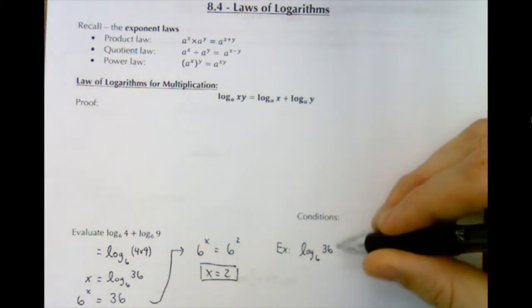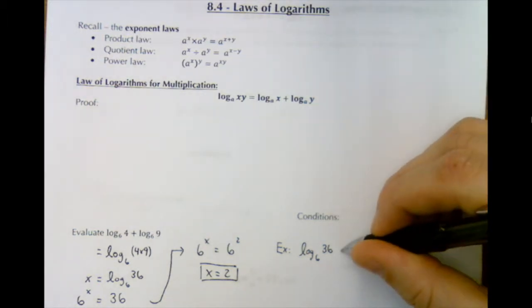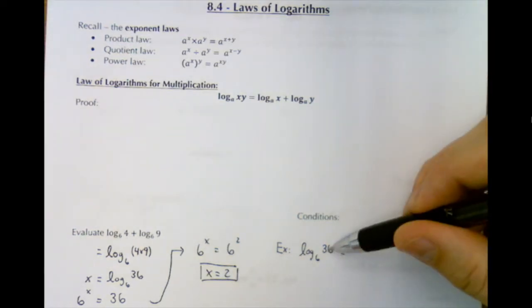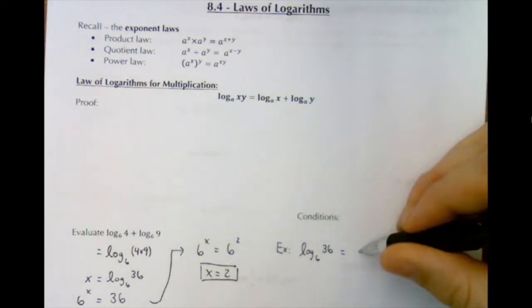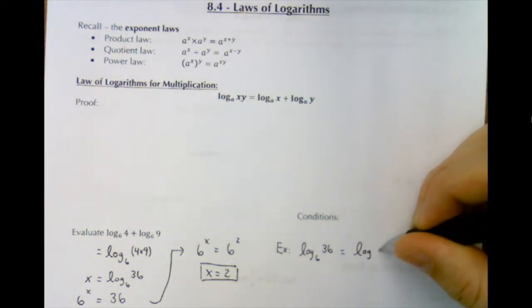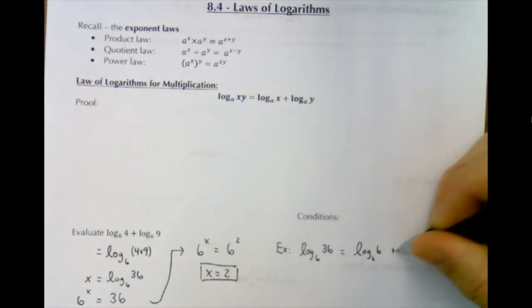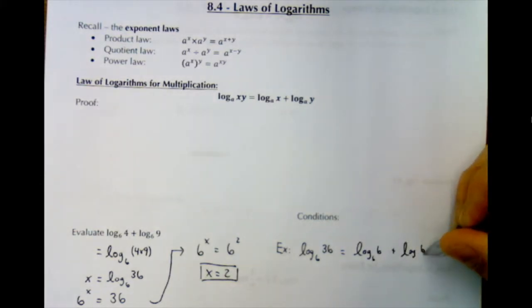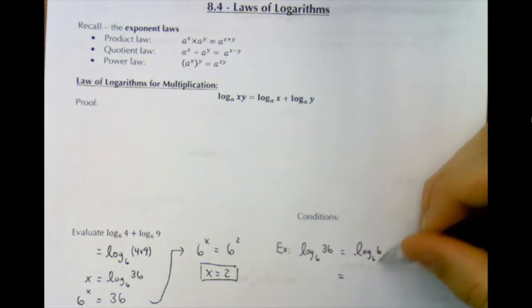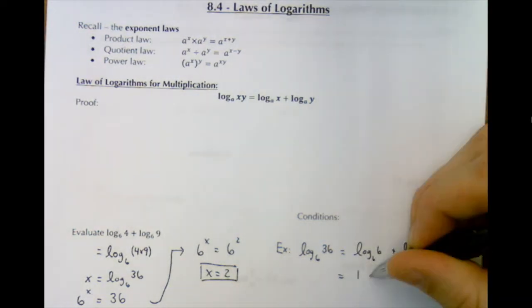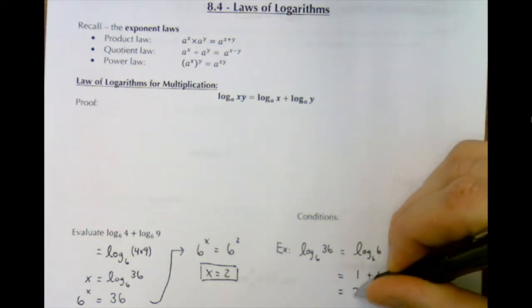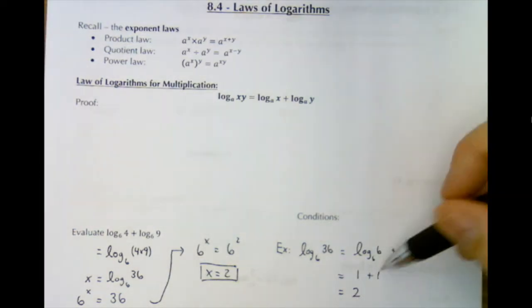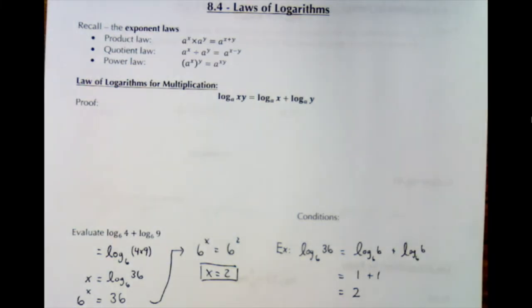For example, we could choose to split this into any 2 factors of 36, so let's say 6 and 6. We could rewrite this as the log of 6 base 6 plus the log of 6 base 6. Hey, and these evaluate quite easily. Log of 6 base 6 is 1, log of 6 base 6 is 1, 1 and 1 is 2. So we actually have the answer by going either way.